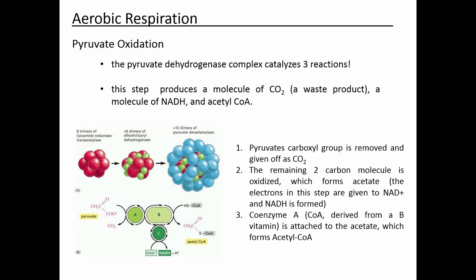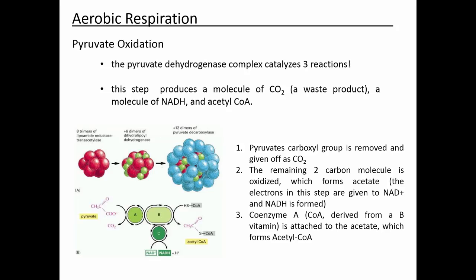The electrons taken from that 2 carbon molecule are used to reduce NAD plus to NADH. And then you take that oxidized molecule and attach it to coenzyme A, and that gives you acetyl coenzyme A. So those are the 3 reactions catalyzed by the pyruvate dehydrogenase complex.